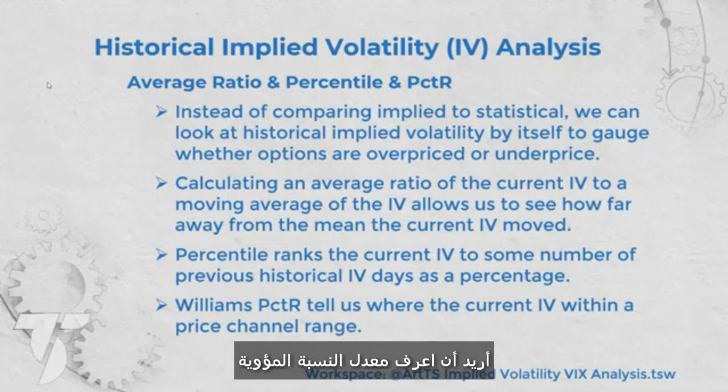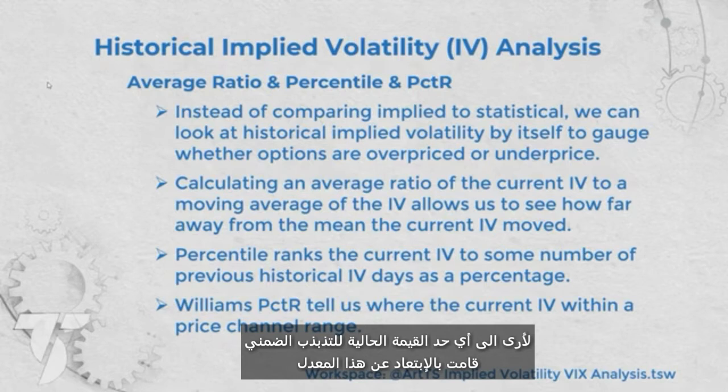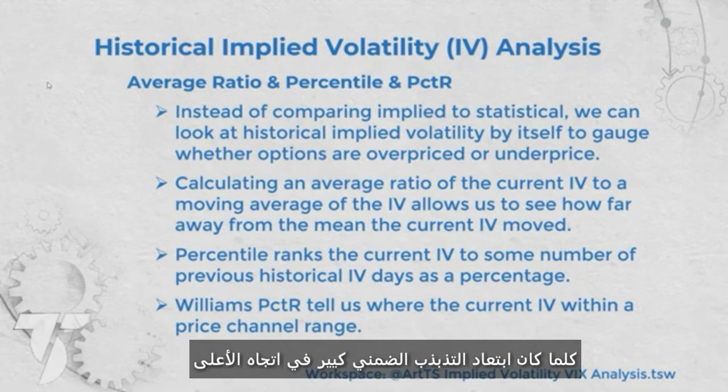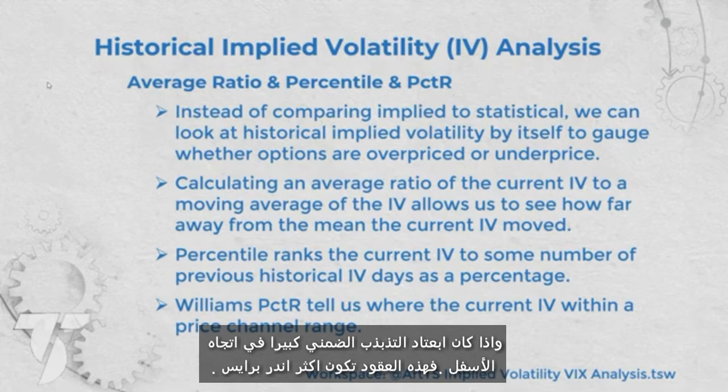And I want to look at the average ratio, which means that whatever the implied volatility is historically, I want to put an average on that implied volatility, and I want to see how far the current value of implied volatility has strayed away from that average. And so I calculate a ratio for that. So the farther it is away, let's say it's farther away to the upside, those options are way overpriced. And if it's way far away on the downside, those options are way underpriced. And so I want to know that.